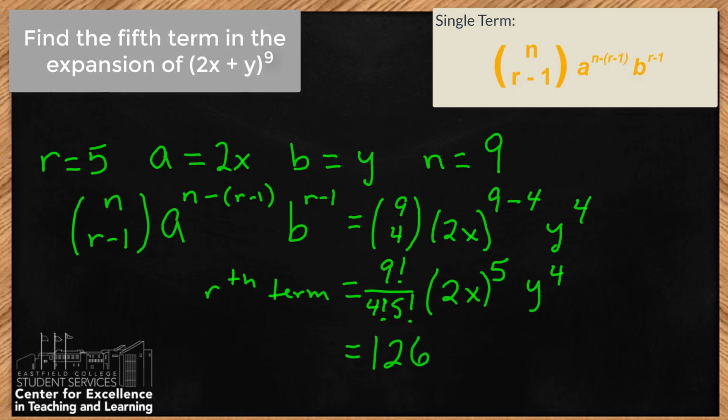And then we'll have times 2 to the 5th, which is 32, and then x to the 5th, y to the 4th. And then finally we'll have 126 times 32, that's 4,032, x to the 5th, and y to the 4th.